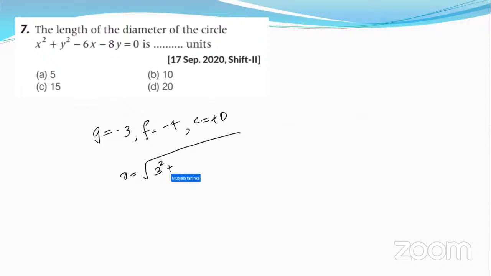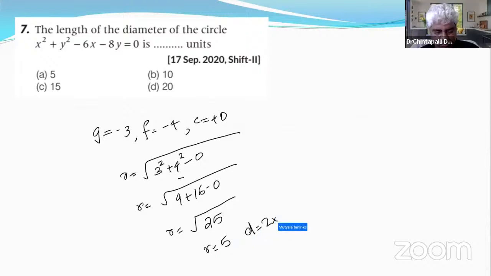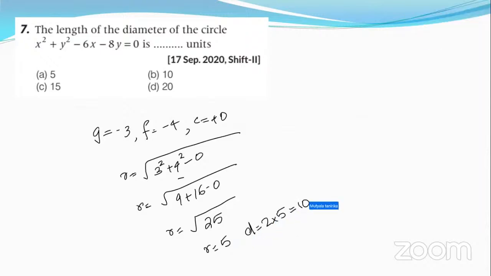G square plus F square minus c. So is it option B, 10?